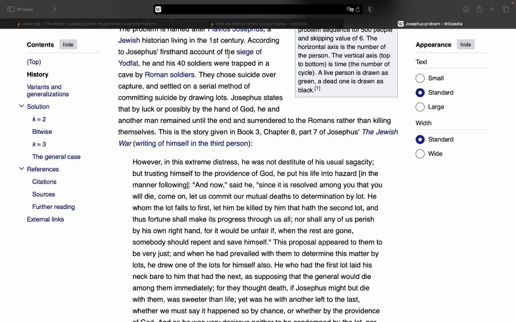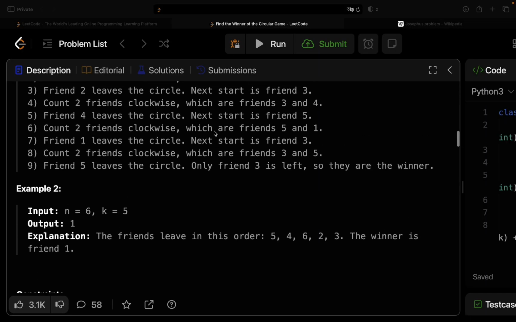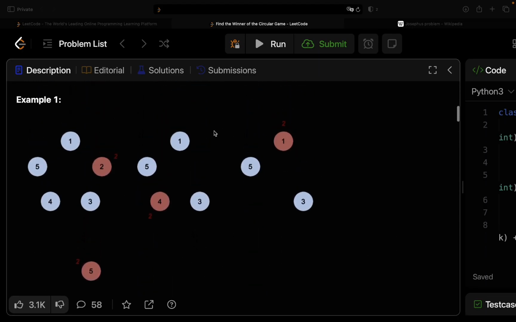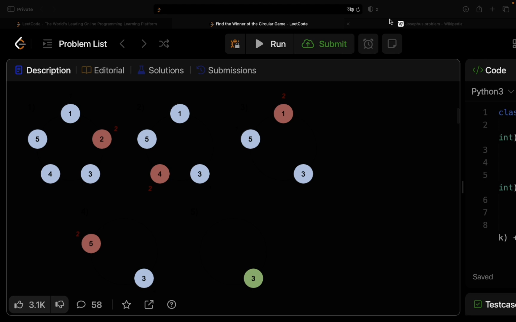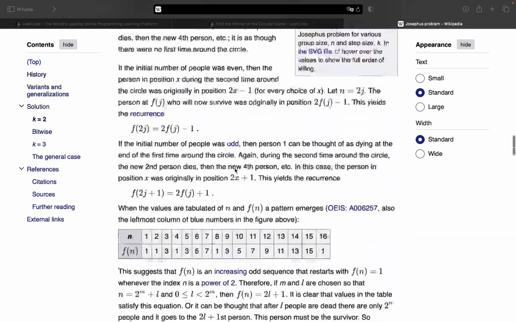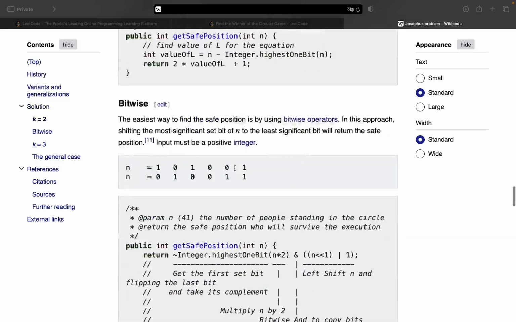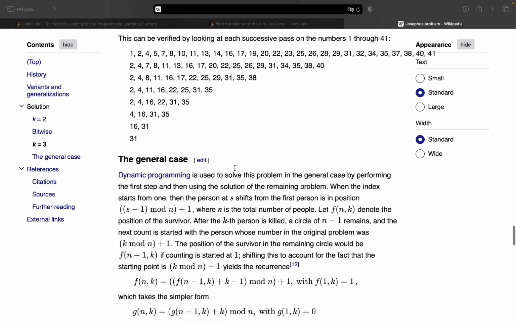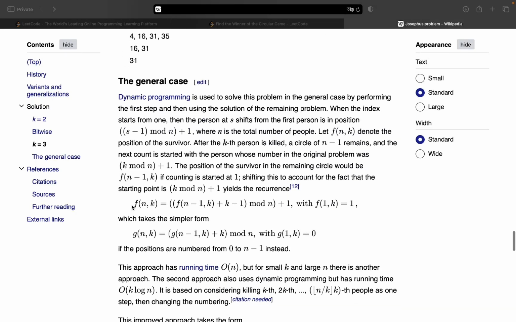So to solve this problem, we need to break it down. What we can notice is we can see the function. Let's consider f of n and k, the position of the survivor.